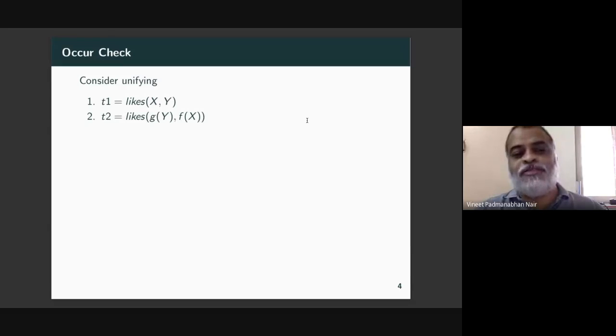T2 is g of y likes f of x. As far as the exams are concerned, you will be given only two terms and I'll be asking you to find the most general unifier. Any idea? You have to find the most general unifier for these two terms.